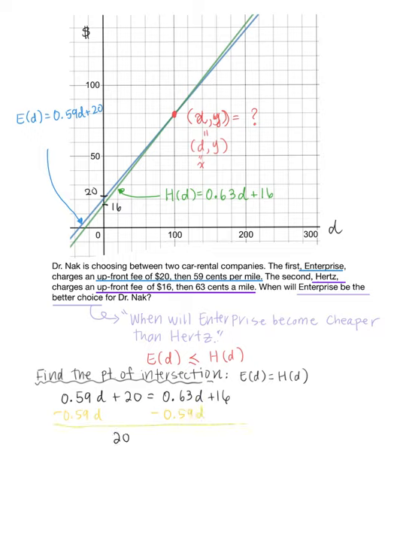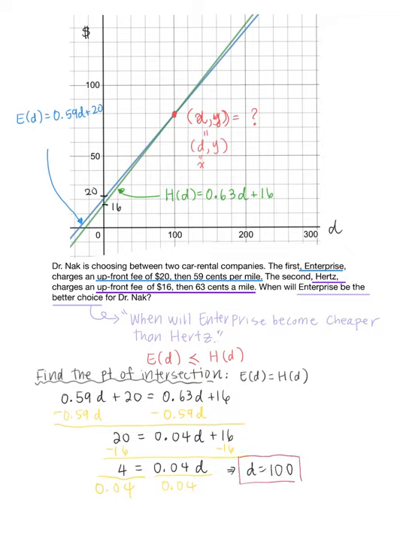We get 20 equals 0.63 minus 0.59, which is 0.04, times d plus 16. Now remember, you're trying to solve for d, so I'm going to subtract 16 from both sides. Here we get 4 equals 0.04d. Now dividing by 0.04 on both sides, you can get your calculator out. What do we get? d equals 100.